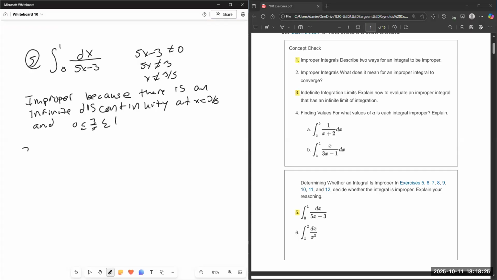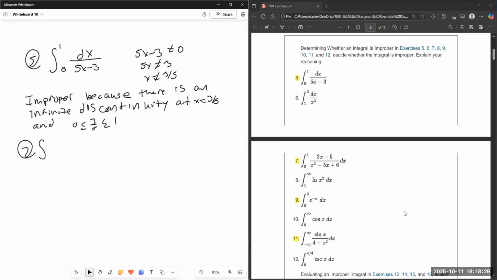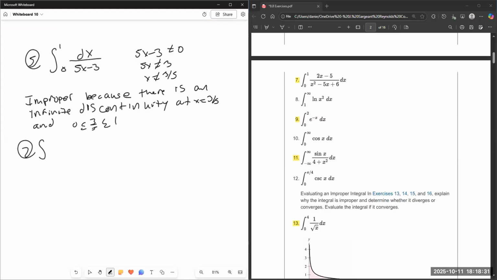So number 7. Integral 0 to 1, 2x minus 5 over x squared minus 5x plus 6 dx. X squared minus 5x plus 6 equals 0, minus 2 and minus 3.